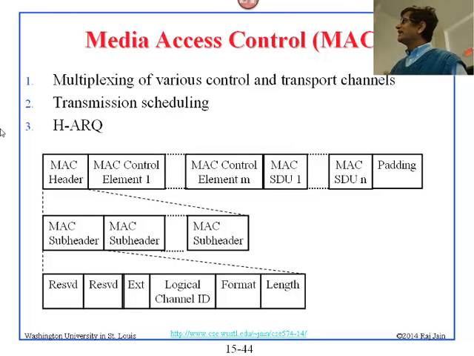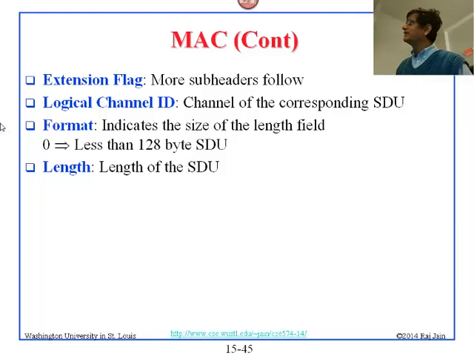Length is here: length of the element, the SDU. Now the length could be less than 128 or could be larger. 128 can be represented in 7 bits and therefore 1 byte. If it is longer, then we need more than 1 byte. So format is simply the length of the length field, but it is coded very strangely. 0 means less than 128 bytes, and so on and so forth.